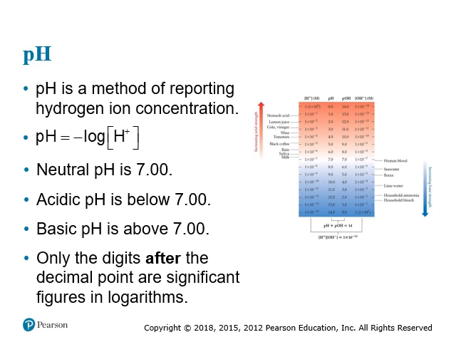On the right-hand side of this slide, we see a series of substances with respect to their pH values. We also see a measure known as pOH, which is a method of expressing the hydroxide anion concentration.